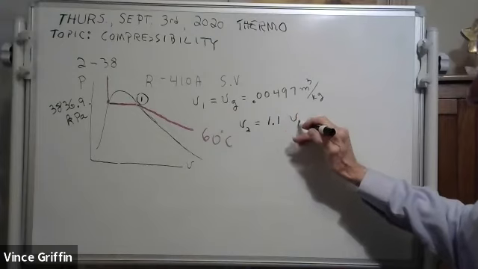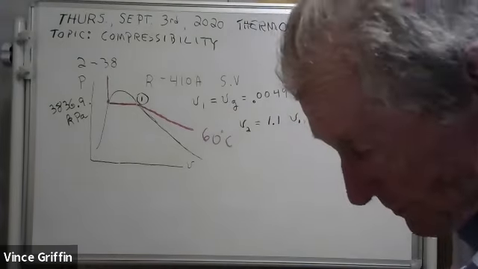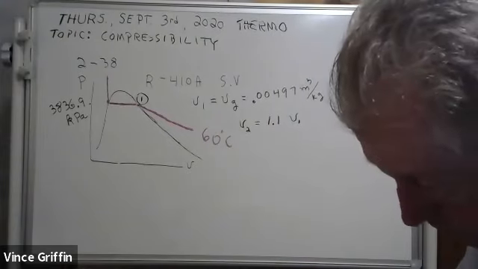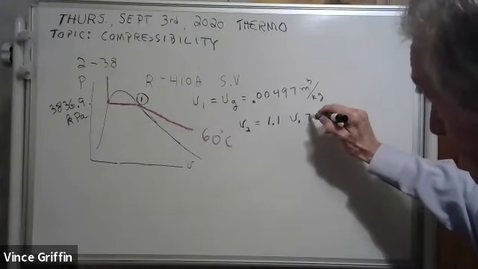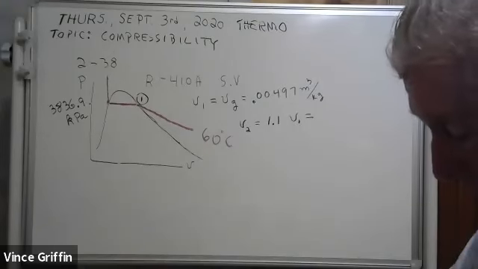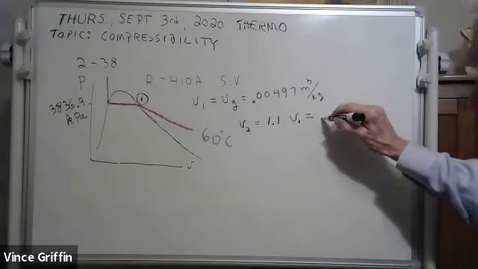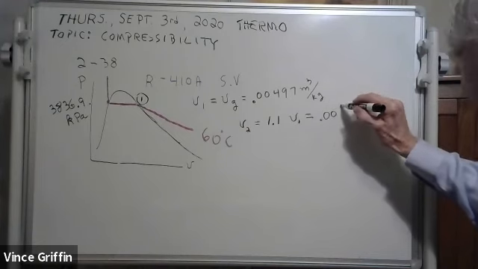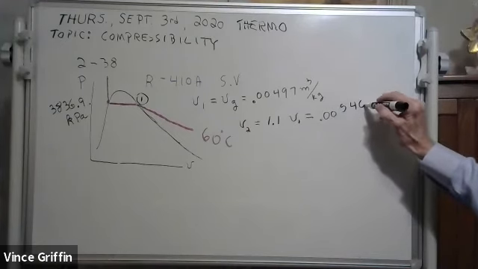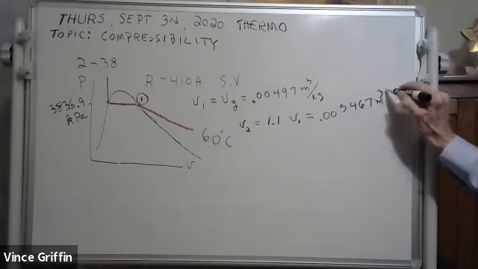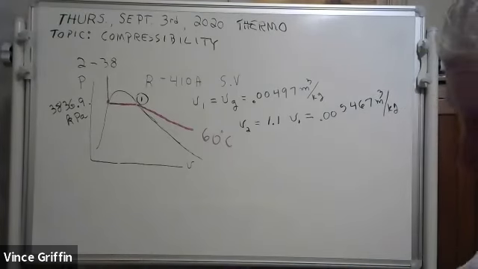Now, that's how you increase something by 10%. Okay, so let me do that. I'm going to take 0.00497 and I'm going to multiply by 1.1, and here's what I get. I get 0.05467. We now know the specific volume at state 2.